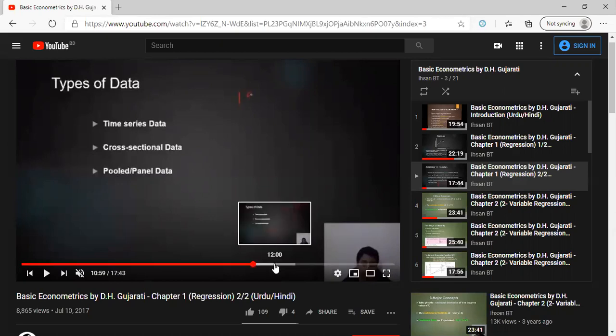So these are the data you will be using. Remember, you have to use these data to find beta 1 and beta 2. That's why you should have some familiarity with this type of data. When you do a survey, as mostly our students do, you are looking at cross-section data.